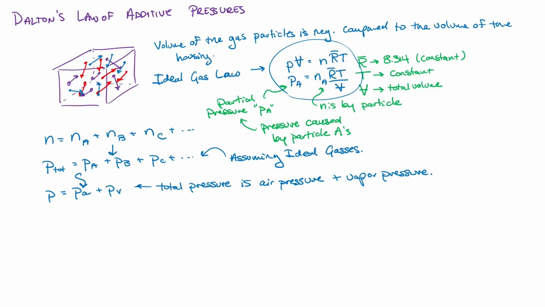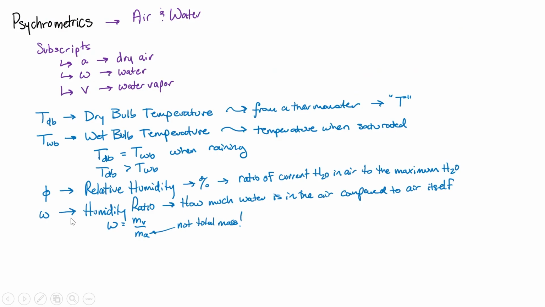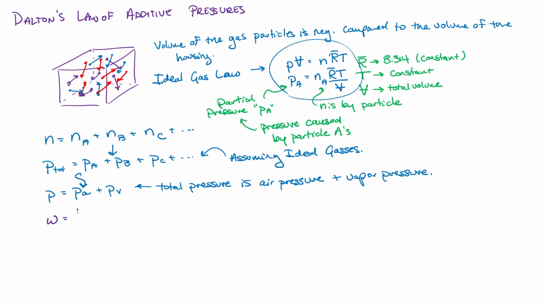So, first thing we're going to look at is our humidity ratio, our omega. And we said earlier, or I can actually page back to the slide, we said that our humidity ratio right here was our mass of the vapor within here divided by the mass of our air in here.